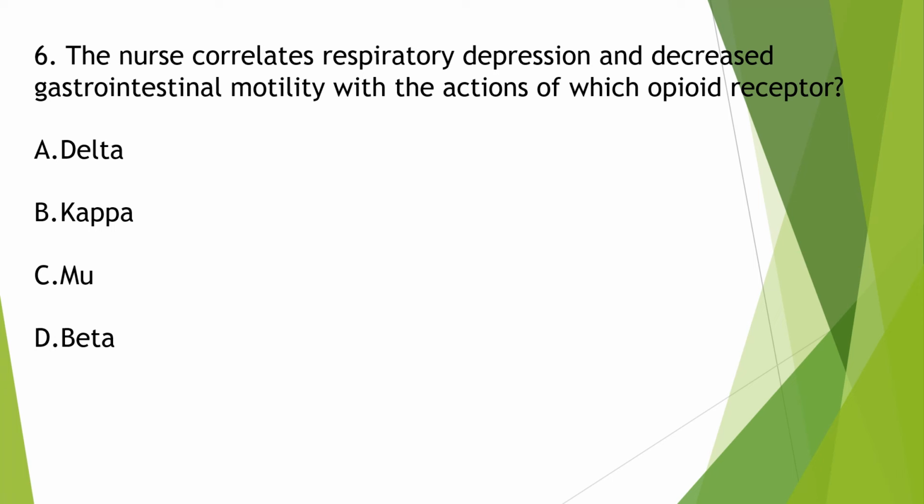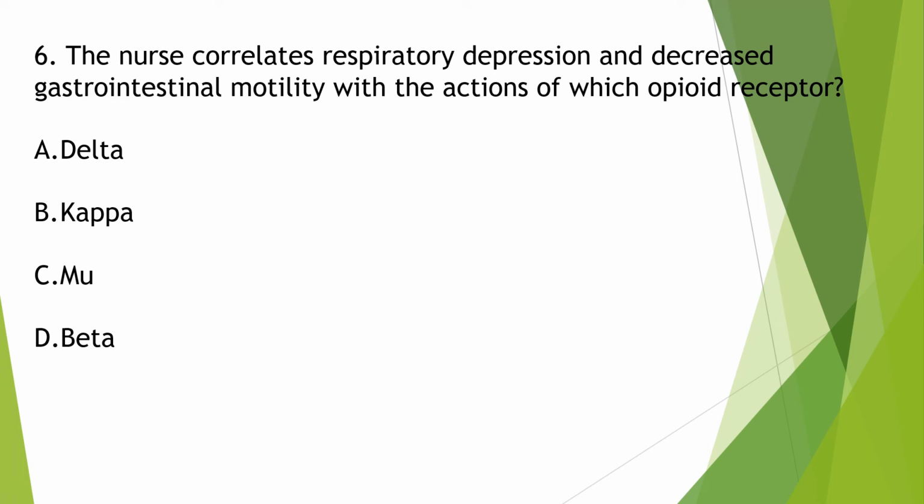There are only three types of opioid receptors in our body: delta, kappa and mu. You need to understand a little bit more about these opioid receptors.